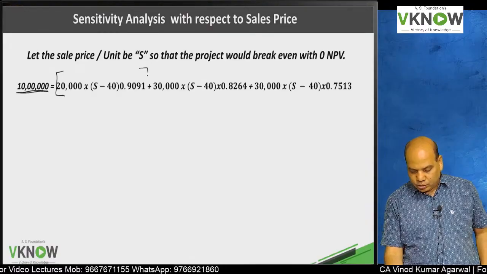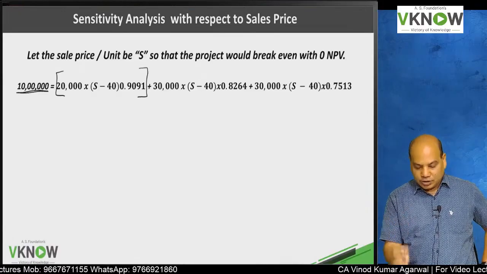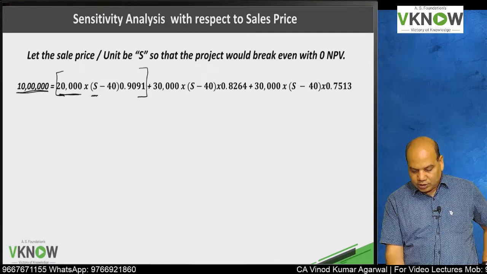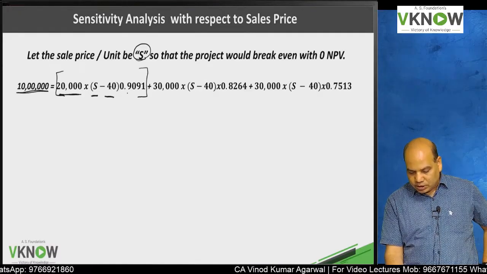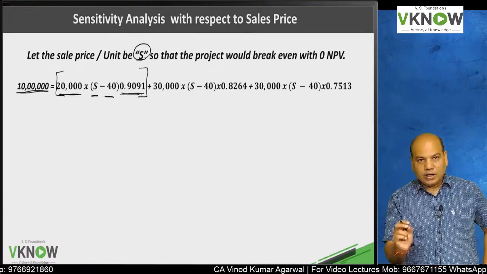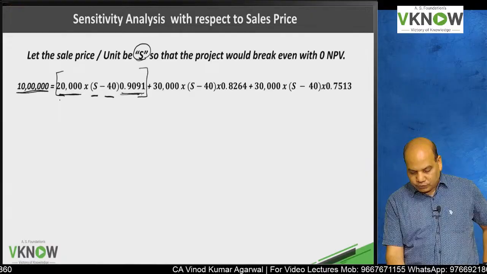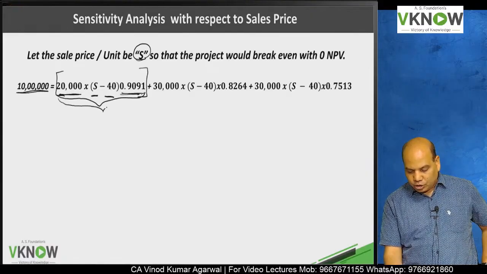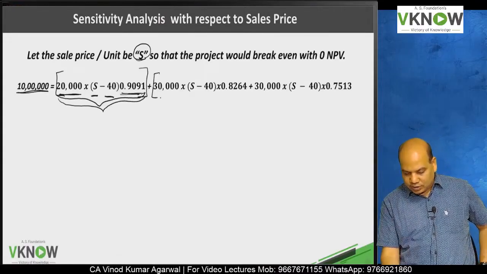The present value of cash flow of the first year: 20,000 is the units, into selling price assumed as S minus 40 is the cost price, and this will be multiplied by the present value factor of 1 year, 0.9091. If you multiply these three numbers, this will give you PV of cash inflow of the first year.